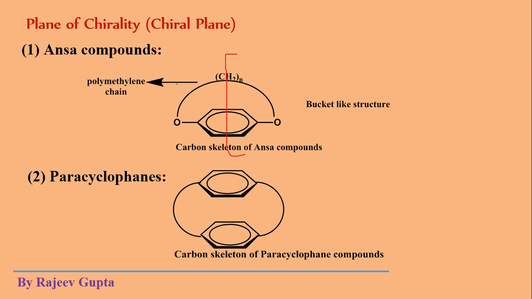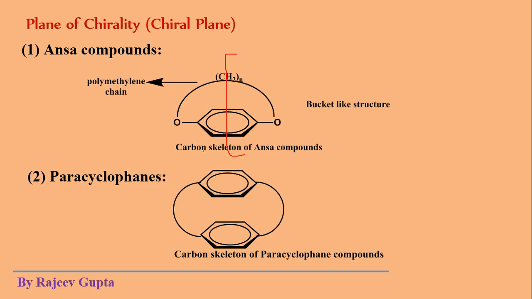Actually ansa compounds are derivatives of this carbon skeleton, where any substituent present here replaces a hydrogen atom and is added here or here. 1, 2, 3 and 4, there are 4 positions available for substitution which could replace hydrogen and make this molecule chiral.